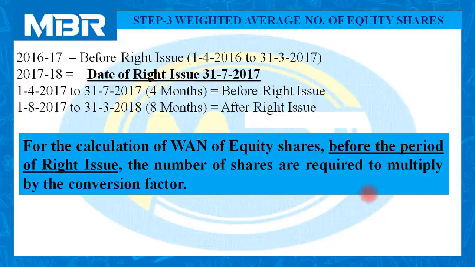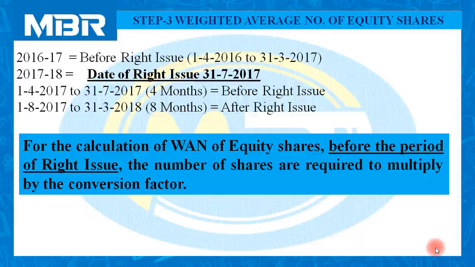So before calculation of weighted average numbers of equity shares, it is necessary to classify the period into two different parts. First part, that is before right issue, and second part, that is after right issue.